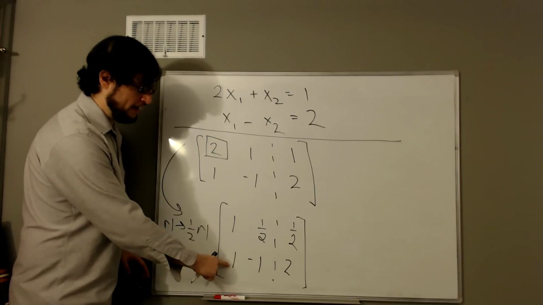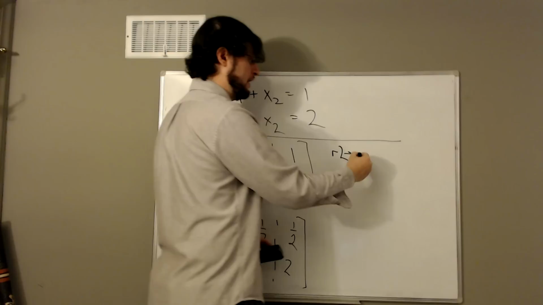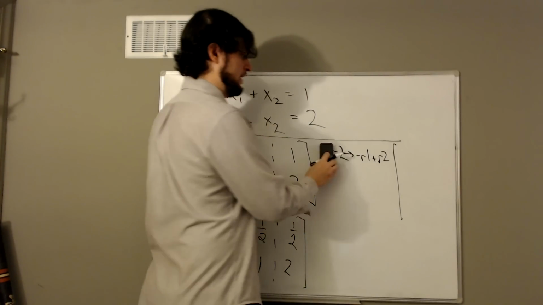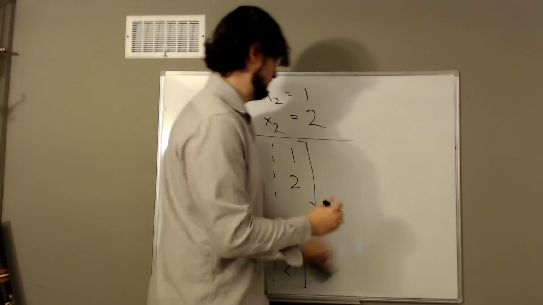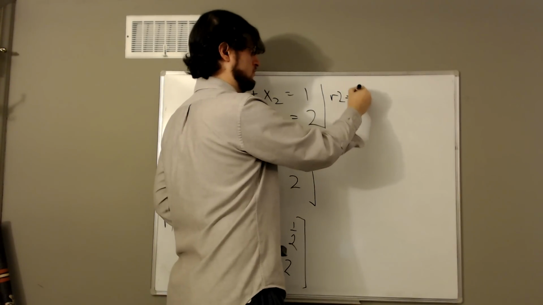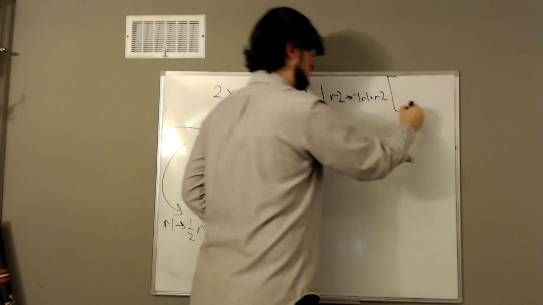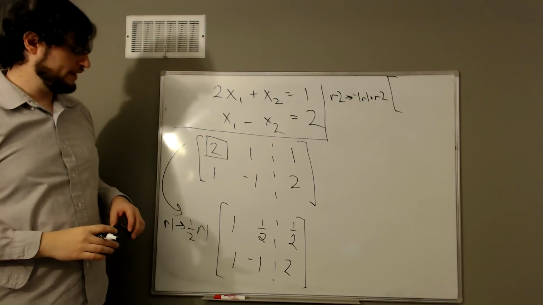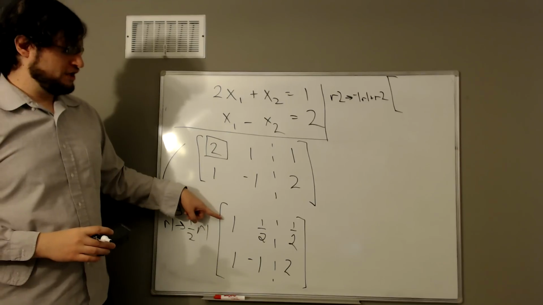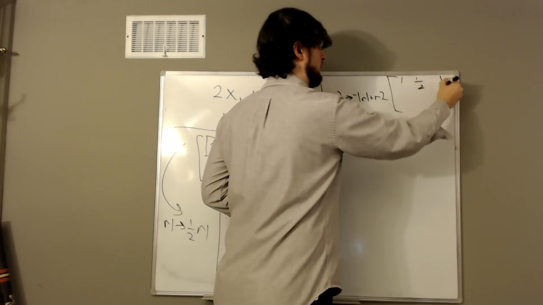I'm going to do that by taking row 1, multiply by -1, and add it to row 2. So row 2 is going to become negative row 1 plus row 2. Let's put that down here. And let's see why that's helpful. I haven't changed row 1, so that stays as 1, 1/2, 1/2.